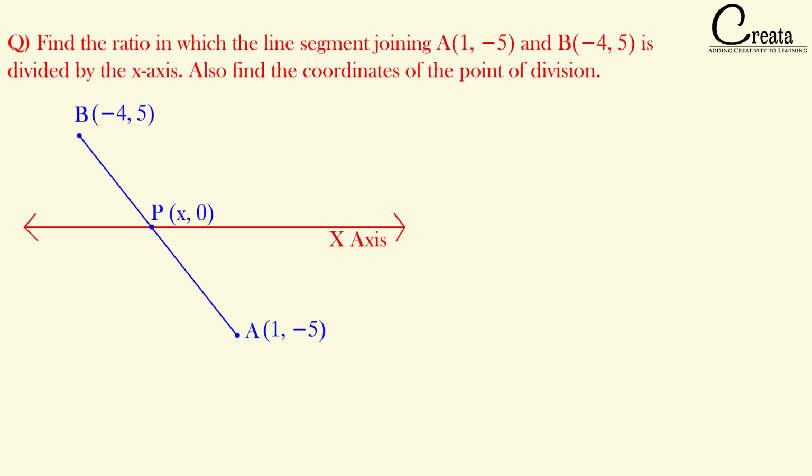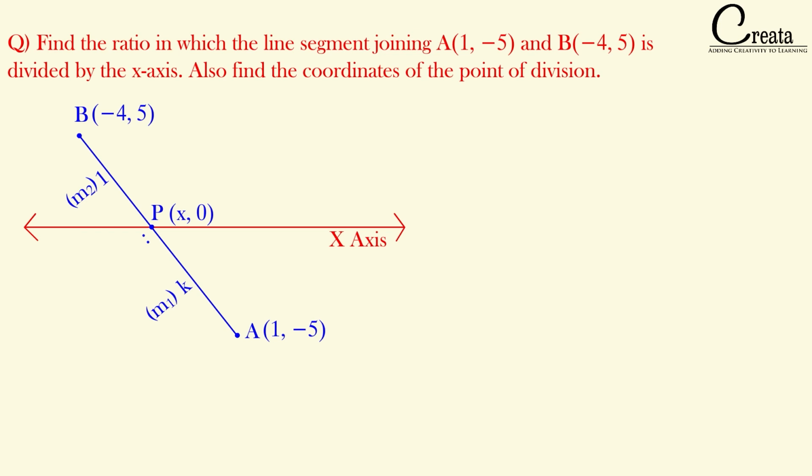Okay, so we got the coordinate of point P as (x, 0). Further, let's assume this point P is dividing this line segment into the ratio of k is to 1. Here m1 is to m2 we have assumed as k is to 1, for simplicity.